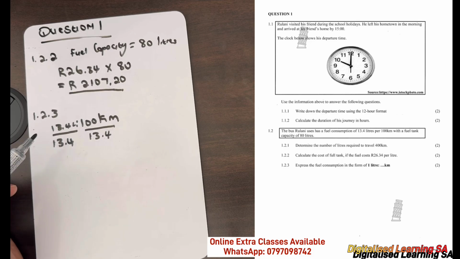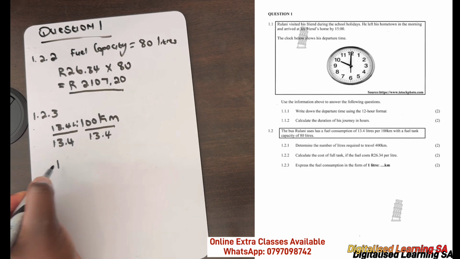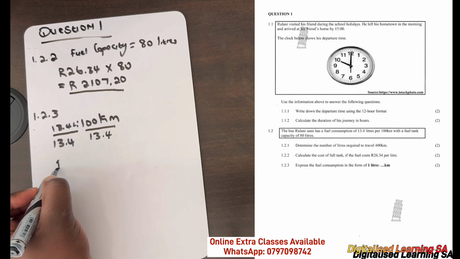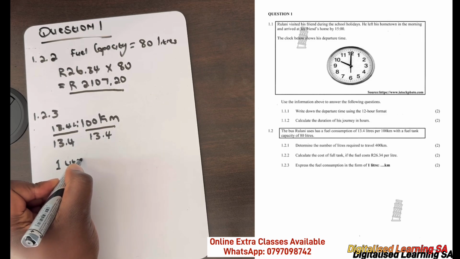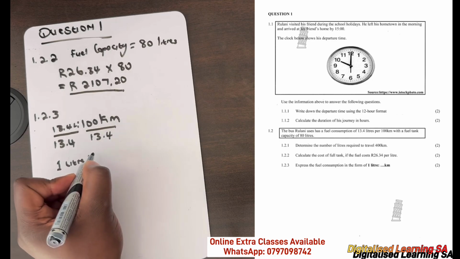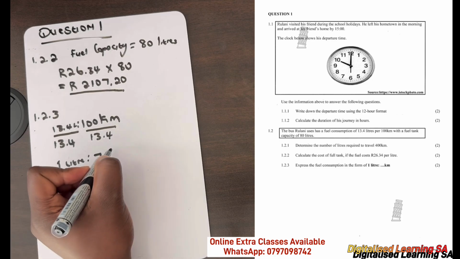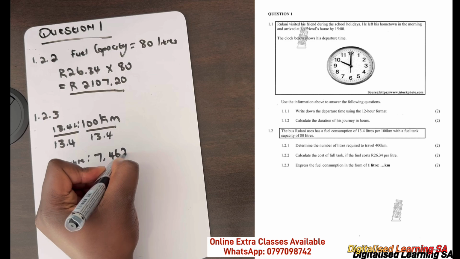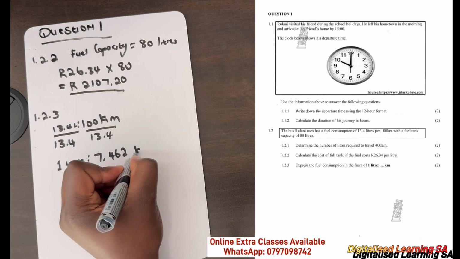If you divide 13.4 by 13.4, remember the statement I just said: any number divided by itself, the answer will always be 1. So it will be 1 liter. And now we are going to divide 100 by 13.4, and our answer will be 7.462 kilometers.